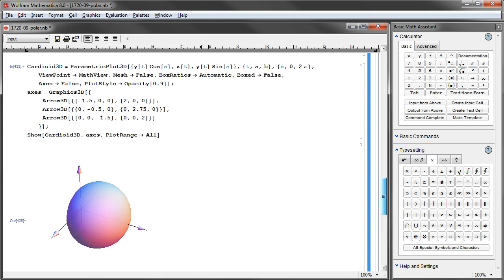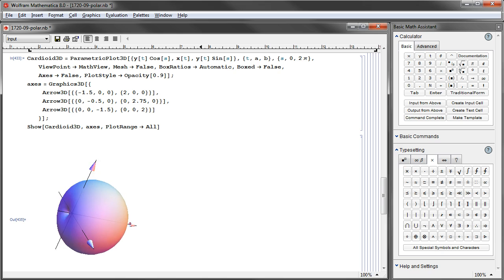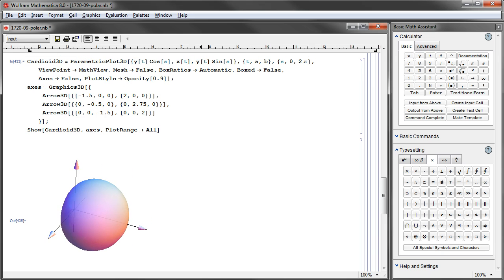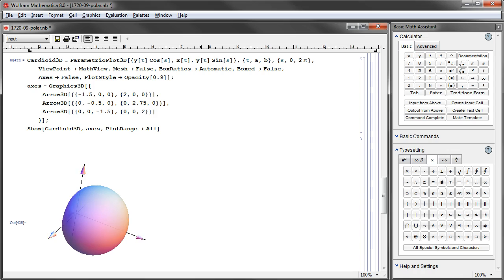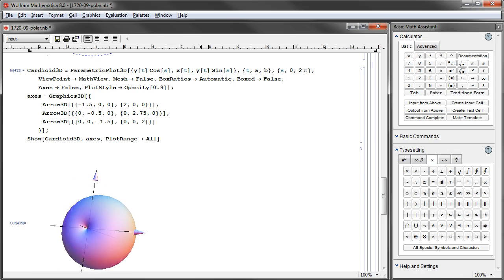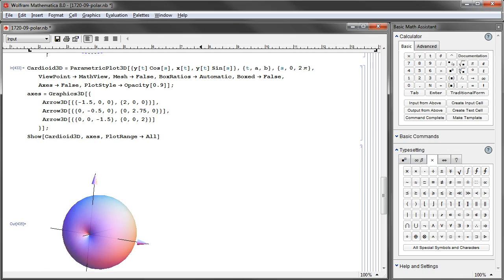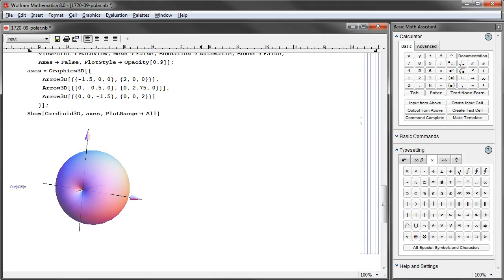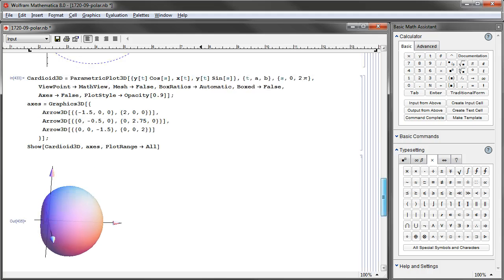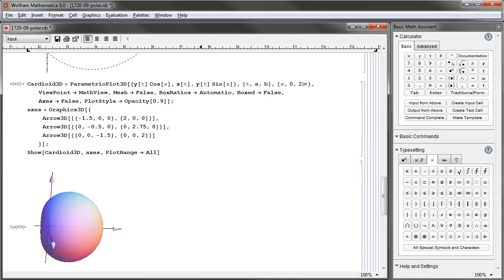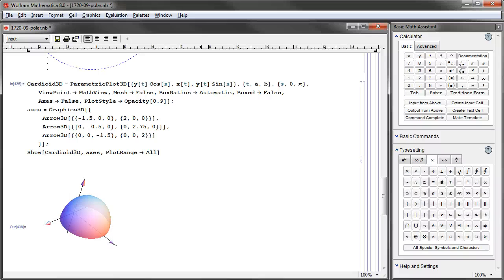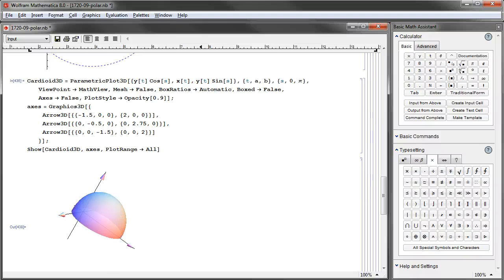And here is the 3D picture of the cardioid. It's a little bit difficult to see, even though I put some transparency in there. It almost looks like a ball, unless you're looking from the left-hand side, where we have some kind of pinching going on, but it's still hard to see. This may be a bit of cheating, but we can see things better if you rotate it only from 0 to pi, and look at only the upper half of the cardioid like this.